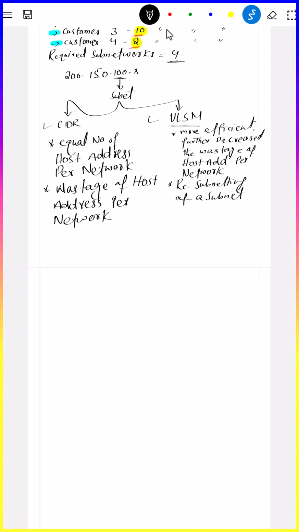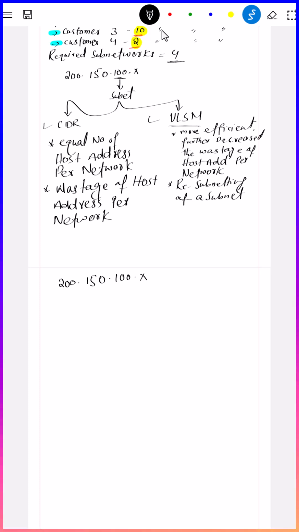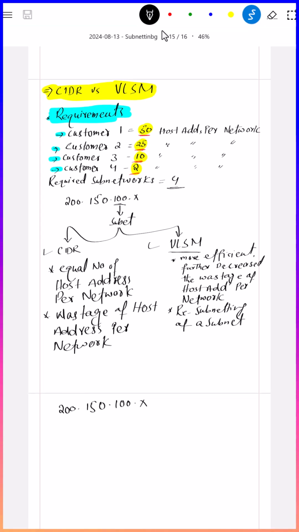My IP address is 200.150.100.x. How many bits shall I borrow? I mean, what will be the CIDR value which will give us 4 networks and a minimum of 50 host IP addresses per network?